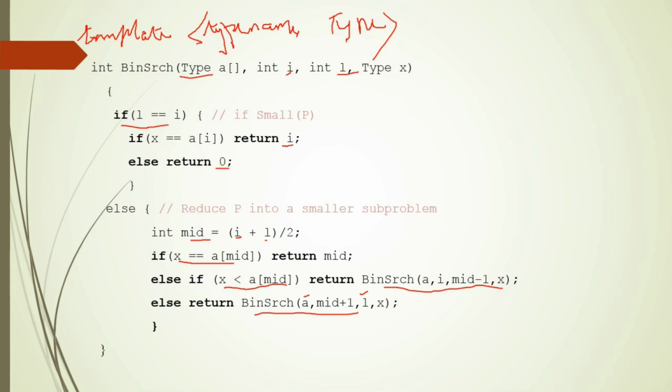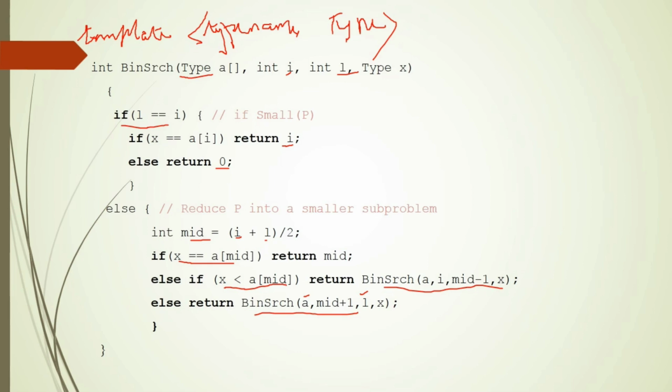If not, either you have to search in the array which starts from the first element until mid minus 1, that is when your key element was smaller than the element present at position mid, or you need to search the key element in the list which starts from mid plus 1th position until the end of the array, in the case when the key element x was larger than the element present at mid.